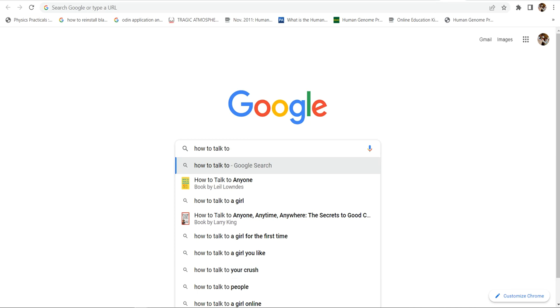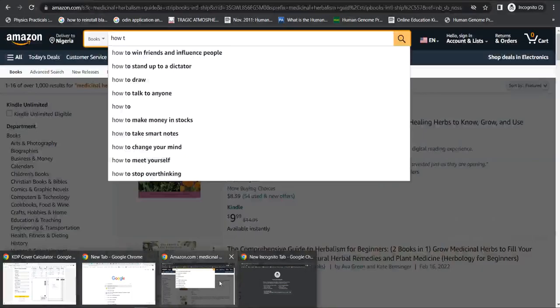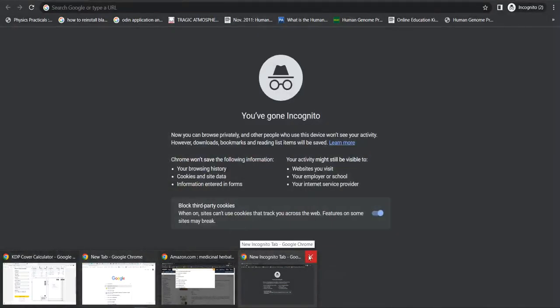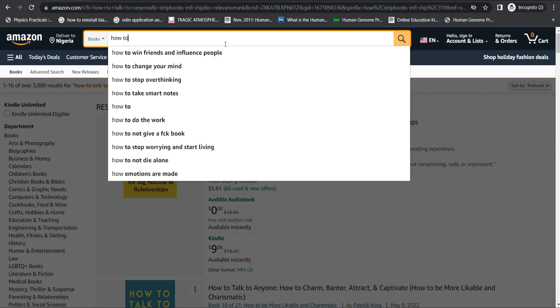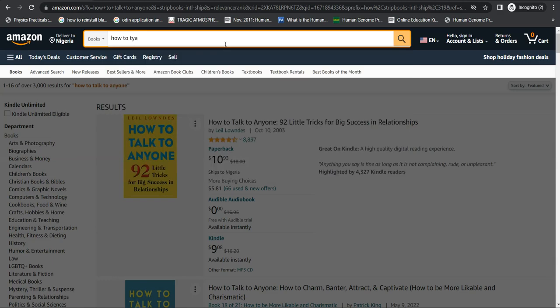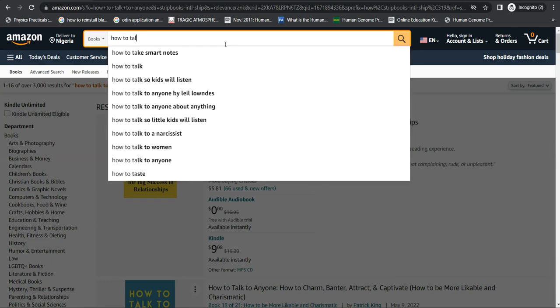So let me go back to the Amazon site. If you type how to talk, you can see some suggestions here. These are different keywords: how to talk so kids will listen, how to talk to anyone, how to talk to anyone about anything. These are keywords by other people, so you can check all of them and analyze.